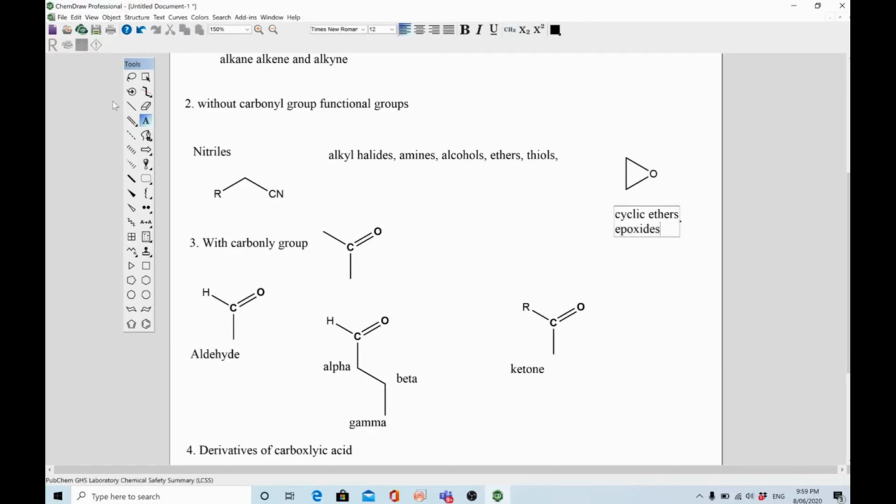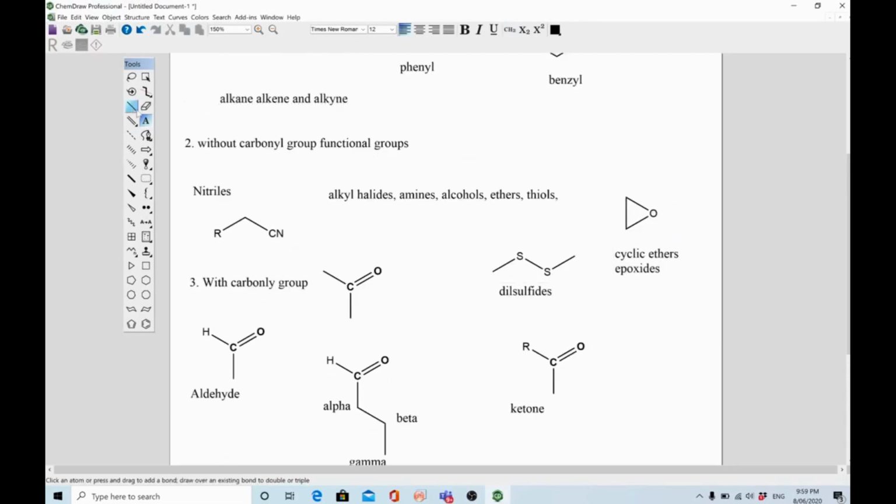And other ones are disulfides, meaning they contain 2 sulfur atoms. They are also without a carbonyl group. These are called disulfides.